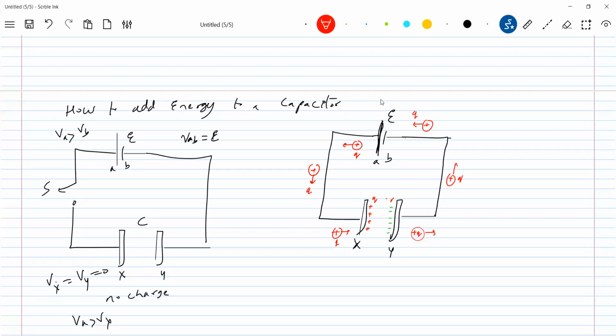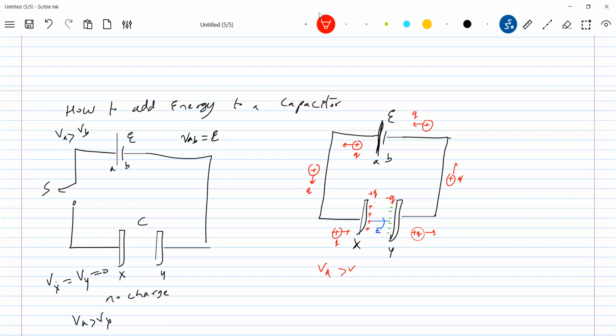How long will this take place? Next question comes. As the charge on this plate keeps on increasing, if Q increases, definitely what happens to E? The E must increase. As E increases, potential Vxy will also increase. So with time, here what is the reason why charge flows?